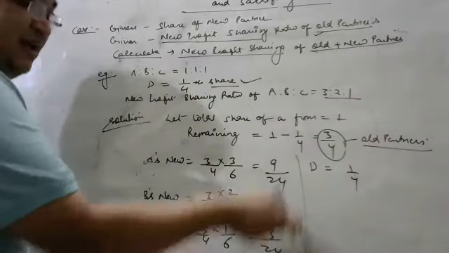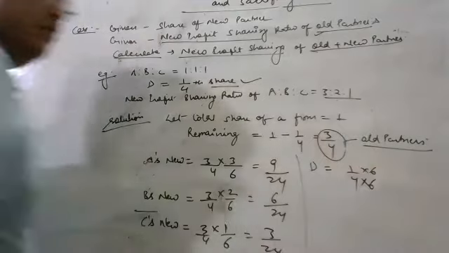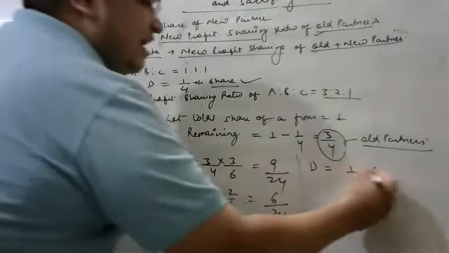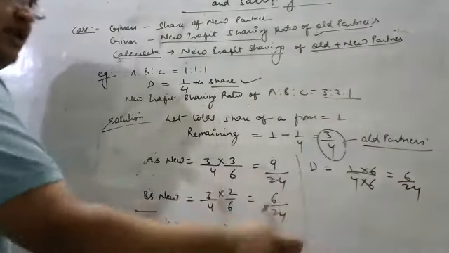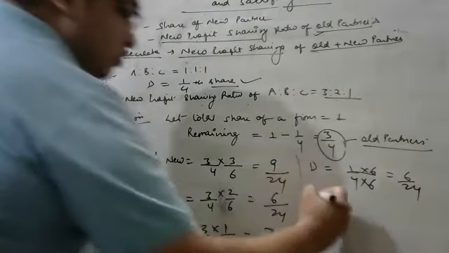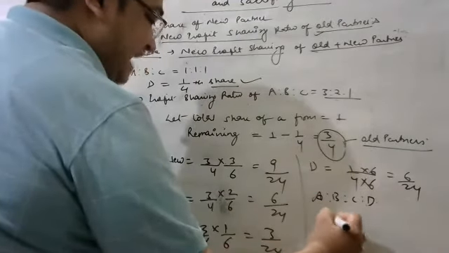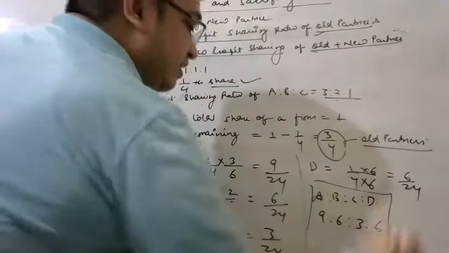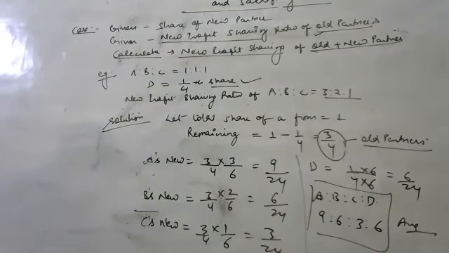To equalize the denominator, we can multiply 6 in the denominator as well as in the numerator. दोनों साइड 6 का मल्टीप्लाई कर दीजिए, so you will be getting 6/24. तो अब आप देखेंगे चारों पार्टनर्स के शेयर का जो डिनोमिनेटर है वो क्या हो गया, सेम हो गया. So the new ratio between A, B, C, D is very easy to find out now. That is 9:6:3:6. This is the new ratio of the partners.